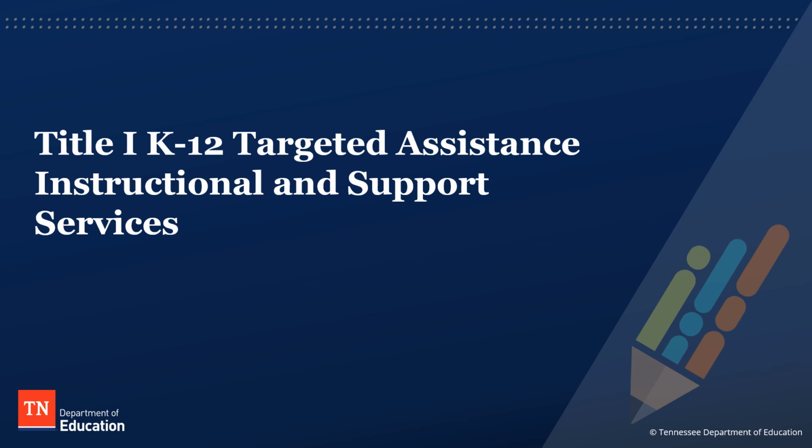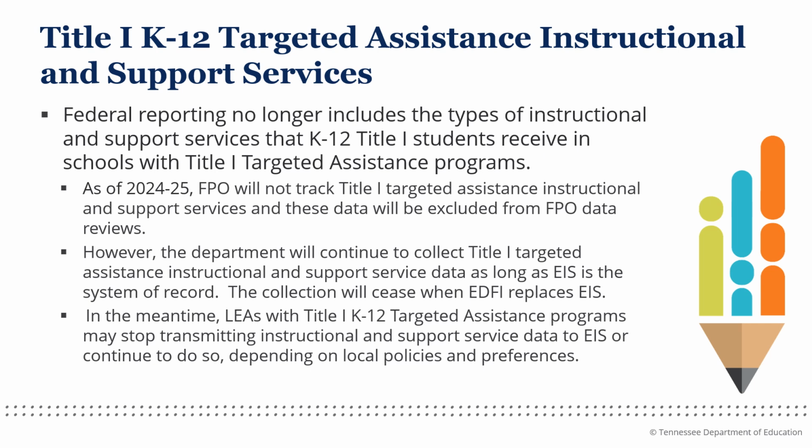For those of you that have Title I K through 12 targeted assistance schools, you may recall that we've been collecting instructional and support service data in EIS. That, however, is no longer required for federal reporting. As a result, as of 24-25, FPO will not track Title I targeted assistance instructional and support service data, and the data will be excluded from FPO's data reviews.